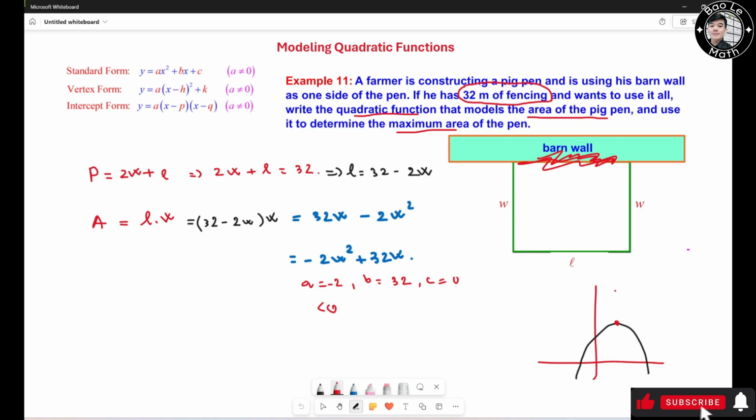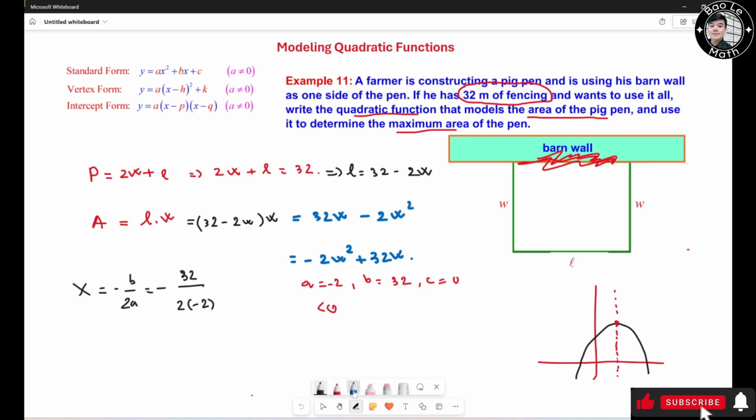So I need to find the axis of symmetry first, because the axis of symmetry is the x-coordinate of the vertex. The axis of symmetry is given by the formula x equals negative b over 2a. So b equals 32, so I put 32 over here, over 2 times a, which is negative 2.